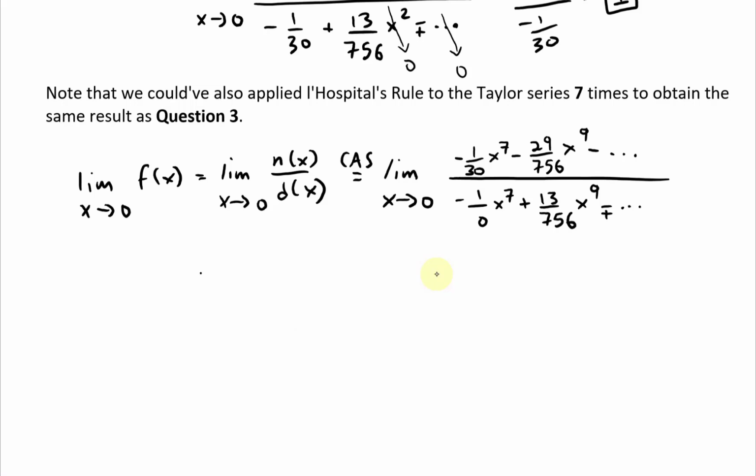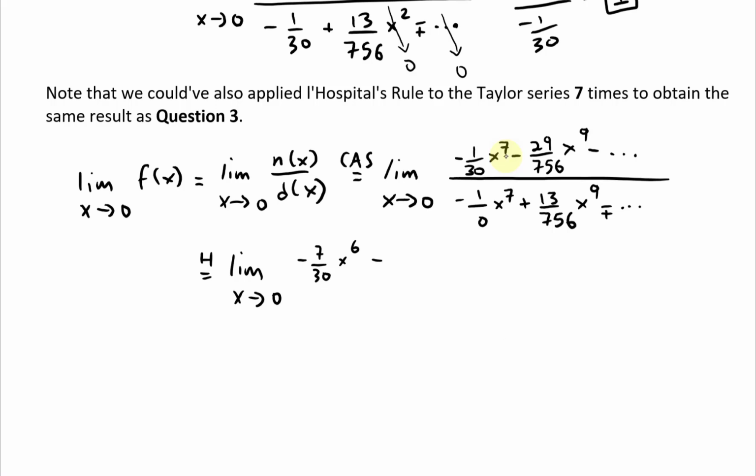So now this equals, and I'll put an H for the derivative for L'Hopital's rule. Take the derivative of the top. This is a power rule: just put the 7 down and subtract the power. So this is going to equal the limit as x approaches 0 of negative 7 over 30 x to the 6.